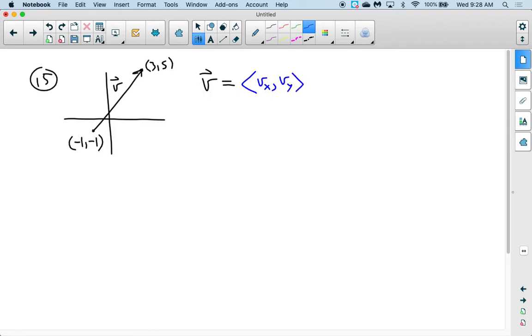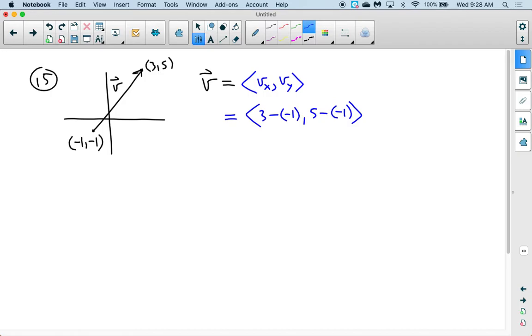Well, to get this form, we simply have to subtract the initial coordinates from the terminal. So 3 minus -1, comma 5 minus -1. And this makes sense if you think about it. We're trying to undo the -1, -1.